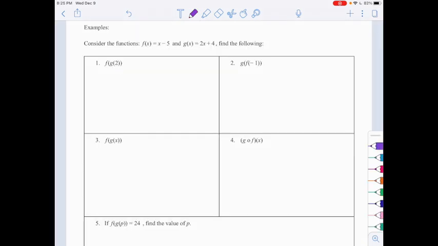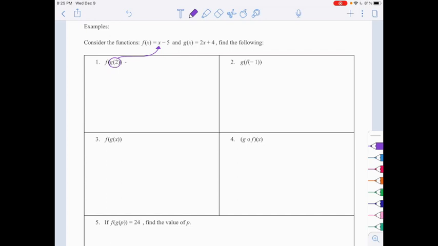Alrighty, let's do some examples of composition of functions then. So I can take whatever is inside my function and put it inside the other one, right? Whatever's inside my parentheses goes in place of x in the other function. So here I have f of g of 2. That means instead of x in f of x, I'm going to have g of 2 in place of it. So I replace the x with the g of 2.